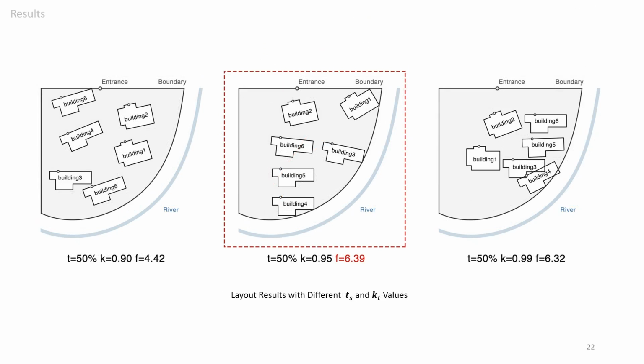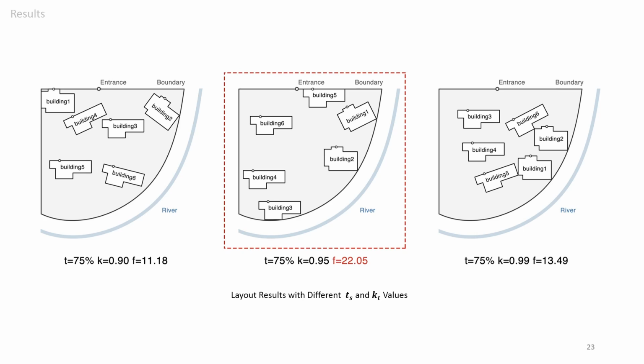Also, by controlling the temperature parameters in the simulated annealing algorithm, different results will be generated. A higher temperature means a higher possibility to accept the worse result. We can understand the variable T as the initial temperature and K as the maintenance rate of the temperature.